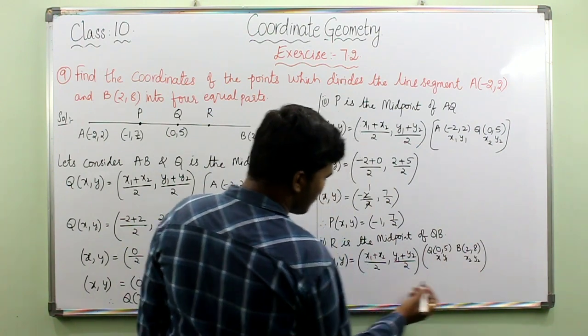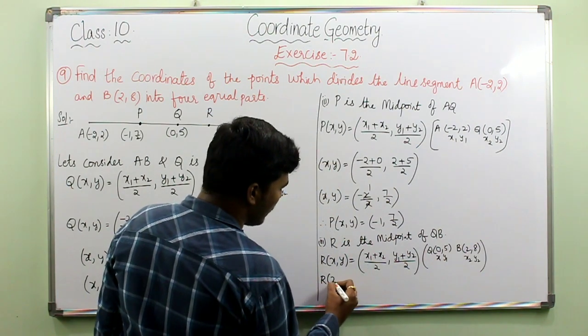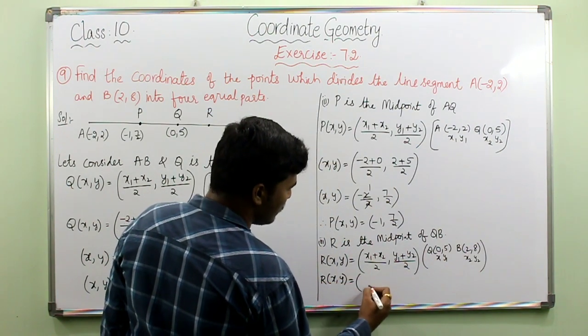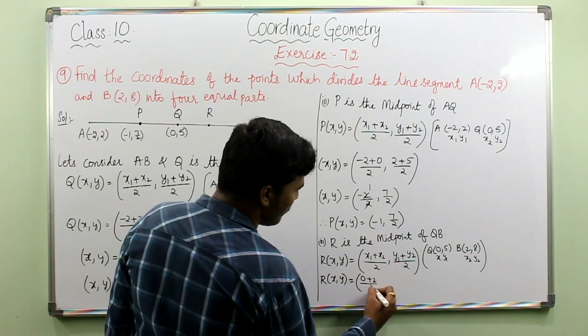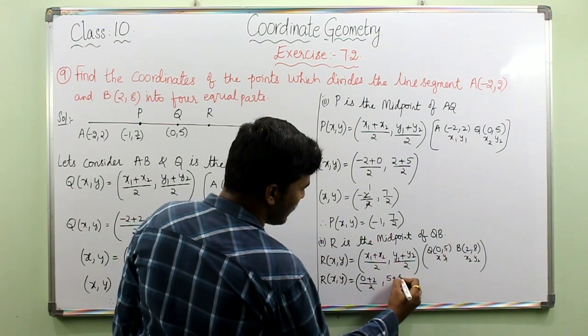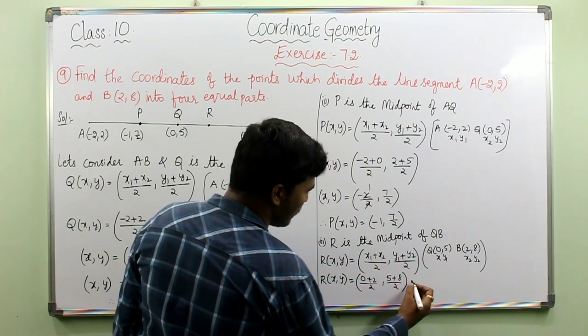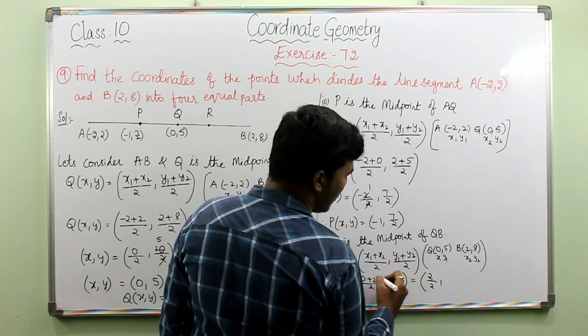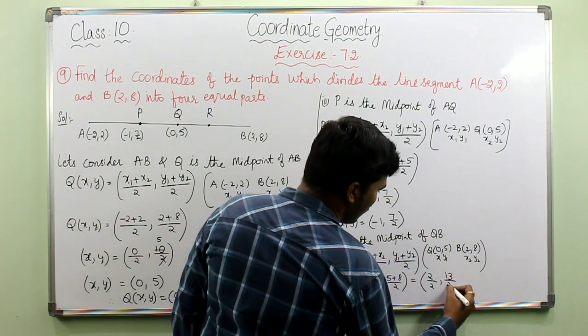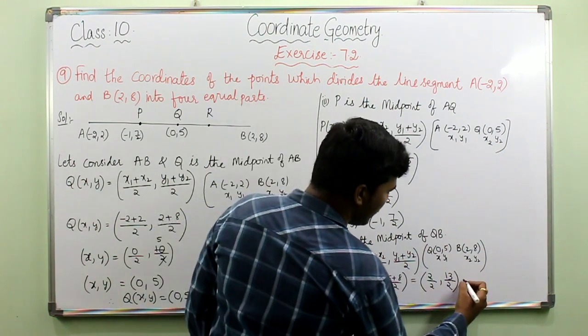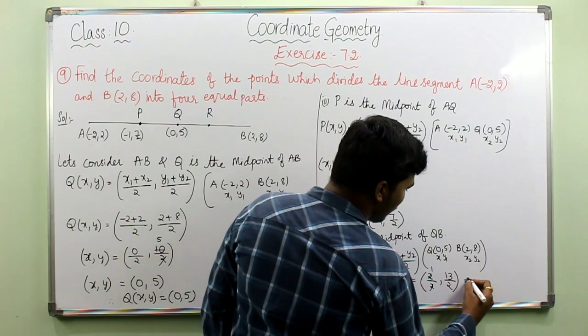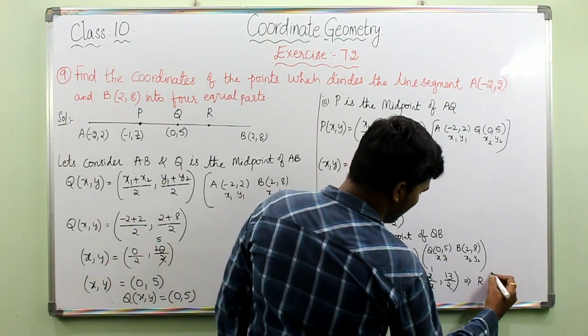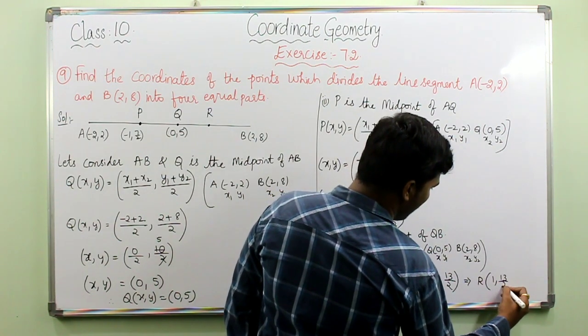Okay, let us now substitute in this. R of x comma y is equal to 0 plus 2 by 2 comma 5 plus 8 by 2, which will be equal to 2 by 2 comma 8 plus 5 is 13 by 2. Okay, so this gets cancelled. So therefore the point R is 1 comma 13 by 2.